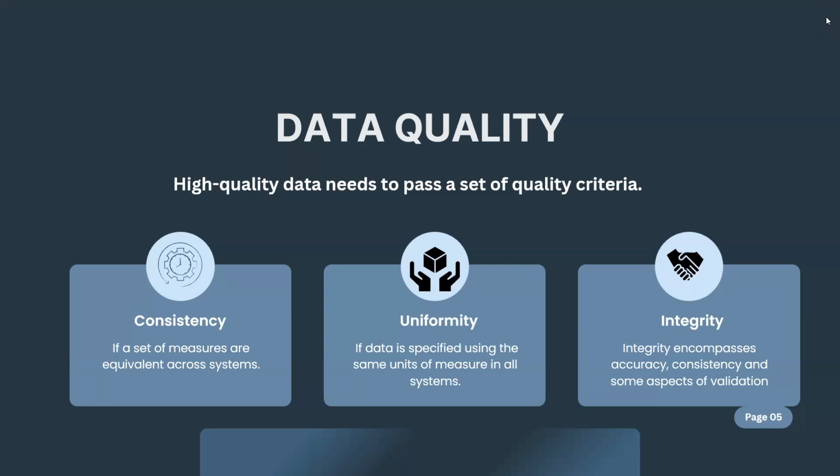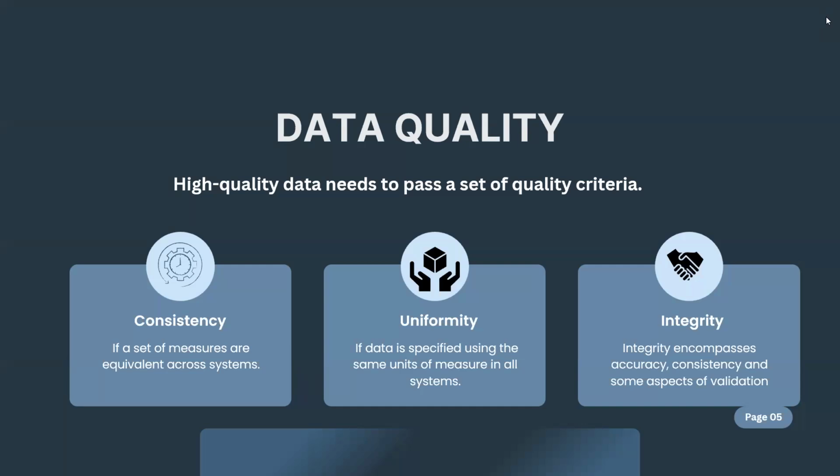Now, when it comes to uniformity, this has to do with making sure that the same units or formats are applied across data sets. If you have a data set that has to do with sales, and one sheet has US dollars and the other one is in Canadian dollars, then that's not uniform data, and that can have implications for the insights that you can draw from the data and how accurate these insights are.